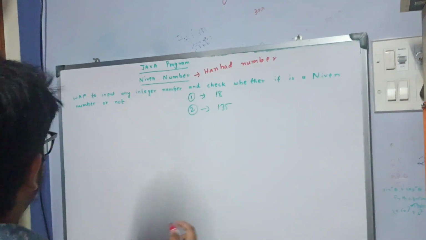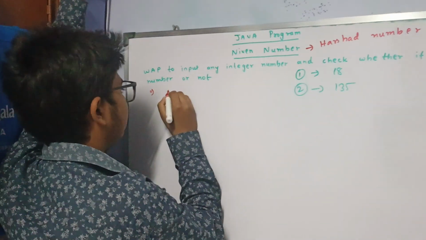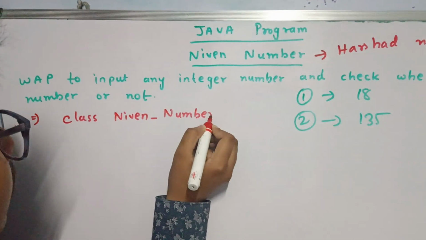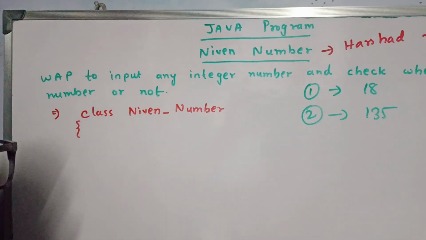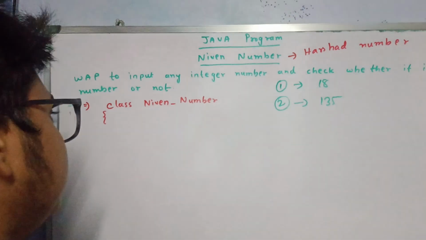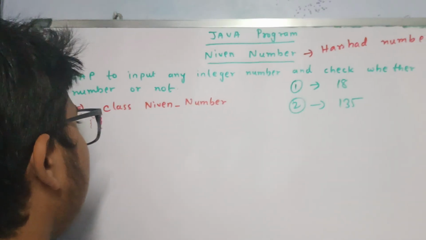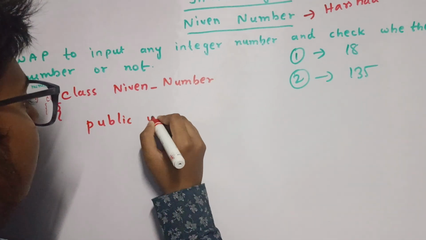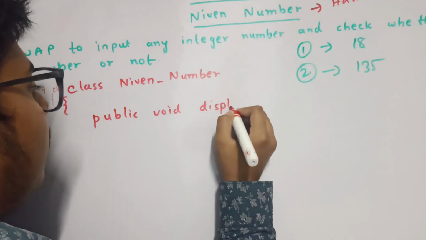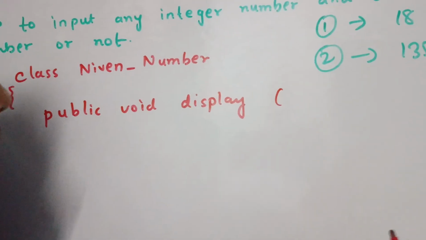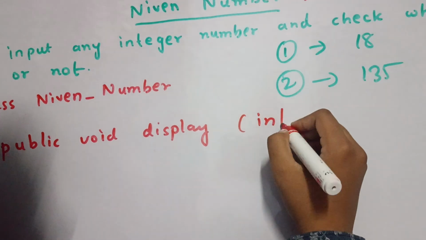Now we will start with the program. Let's declare the class Niven_number. Then we put the first curly brace, and then we declare the method: public void display, with an input integer number, int n.